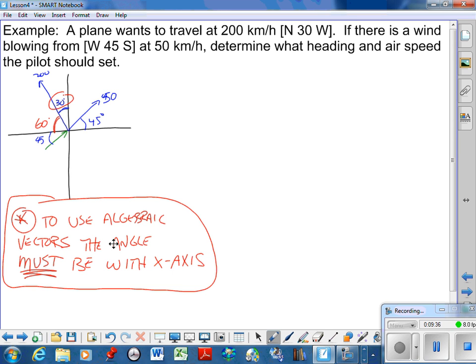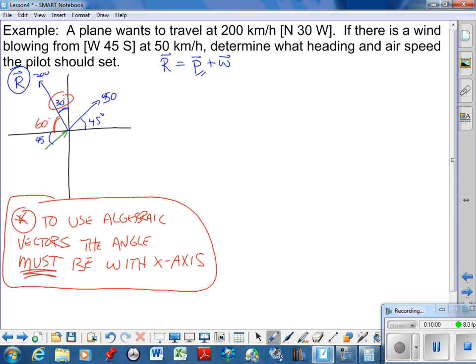So that was one of the tricks. The other one is the plane wants to travel. That's actually the resultant. So we know that the resultant is equal to the plane speed plus wind. But we actually know what the resultant is. This is where the pilot wants to go. We want to know what settings the plane should travel.